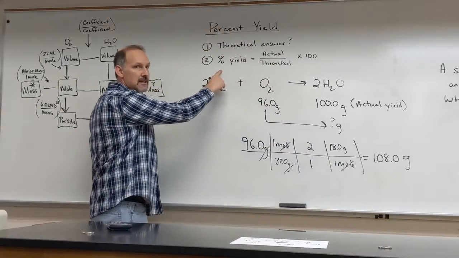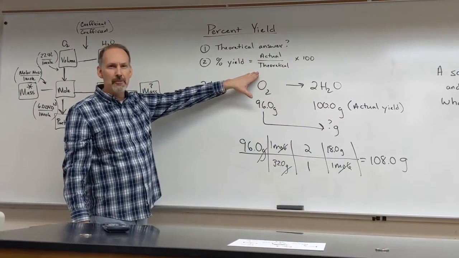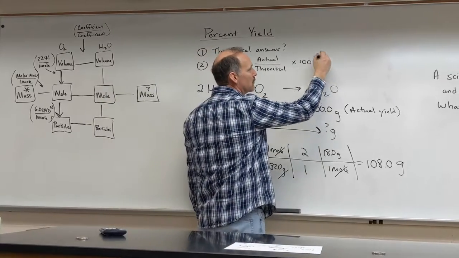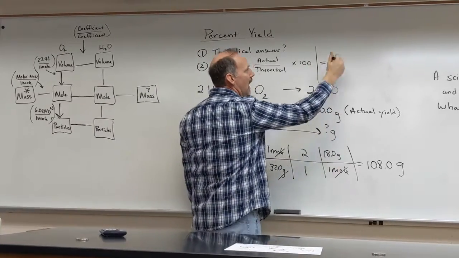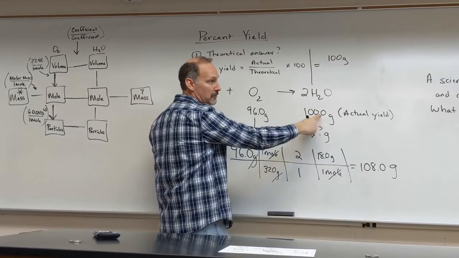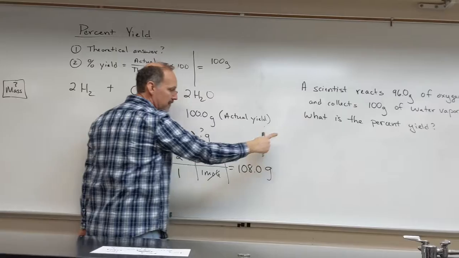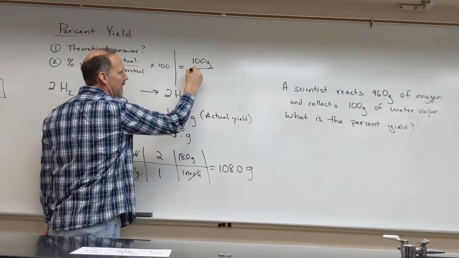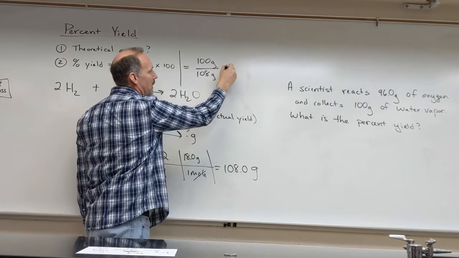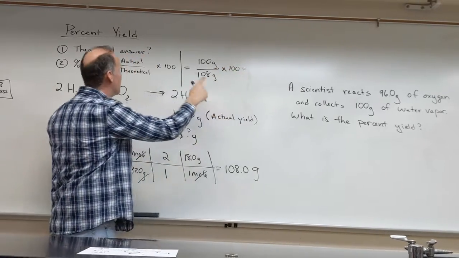Percent yield is simply comparing the two numbers. So to find the percent yield, all we have to do is one more problem. We're going to take our 100 grams that we did make from our question over here, divided by how much we could have gotten, 108 grams, and then we times that answer by 100 and get a percent yield.